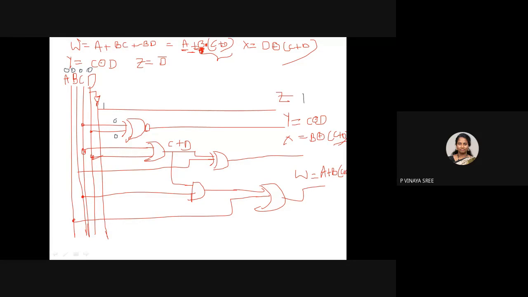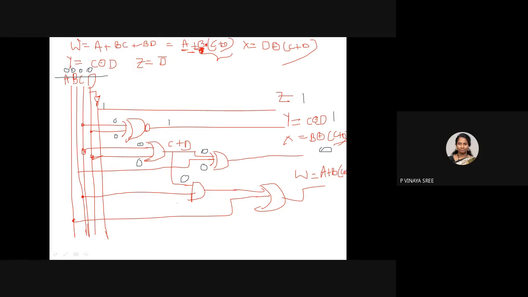What is the XNOR output? If it is 0 0, is it 1 or 0? 1. So you will be getting 1 here. Next, 0 0. Why am I blindly writing 0? Because the input I have given is 0, so there is no need of checking. By default, all inputs will be 0. So 0 0, you will be getting 0. From this, you will be getting 0. And finally, the output will be 0.